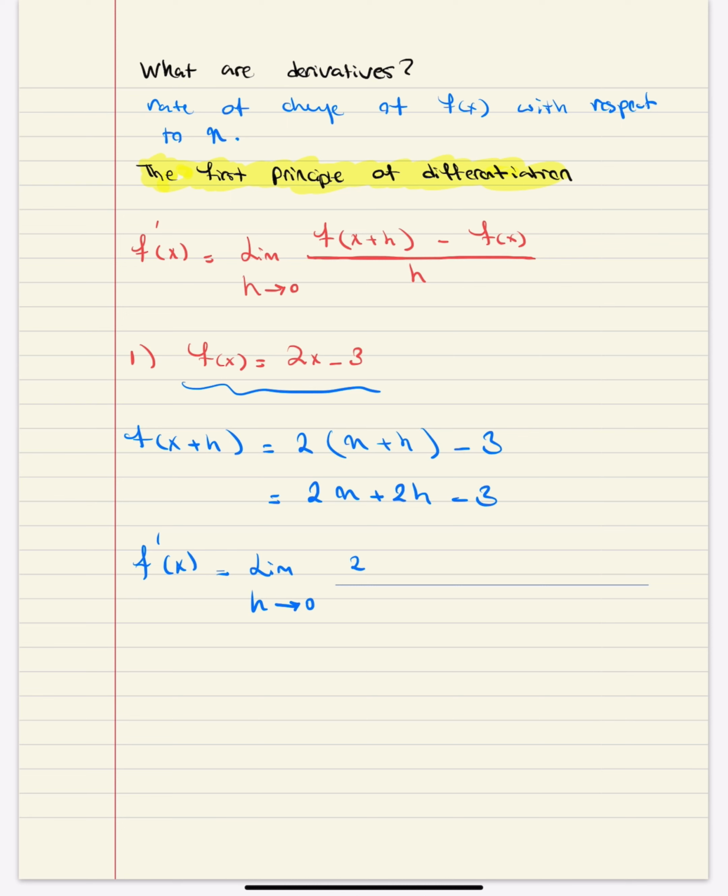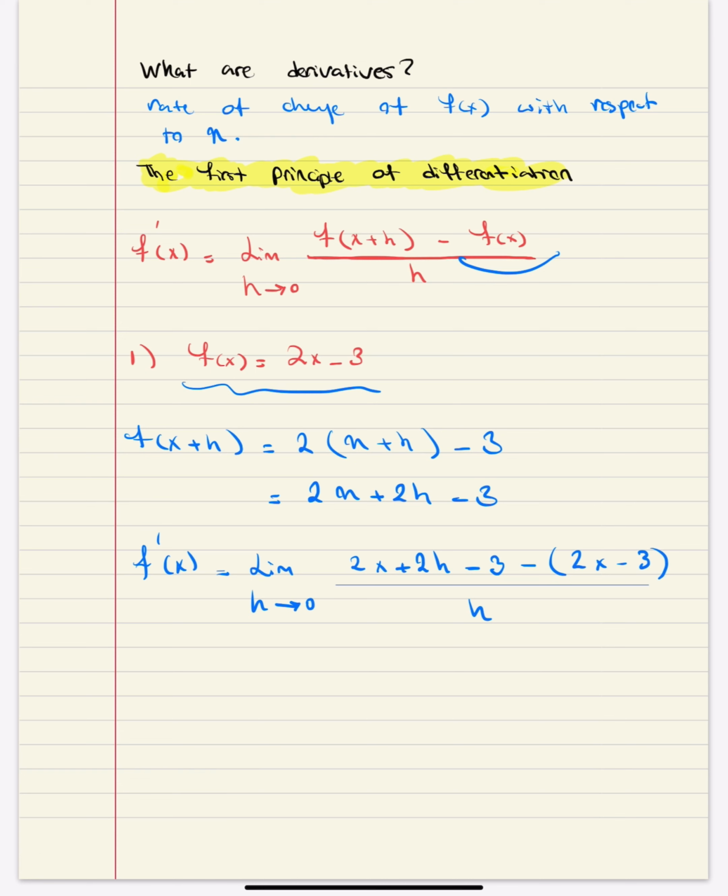So 2x plus 2h minus 3, and don't forget we have to subtract this from our original function, so minus 2x minus 3 over h. Now if we apply the value 0 to our expression, we would have 0 in our denominator, and that's not acceptable. Therefore, we have to further simplify this so that we could solve our limit.